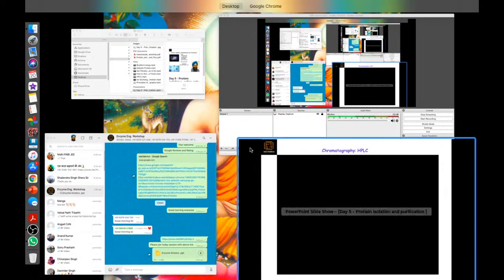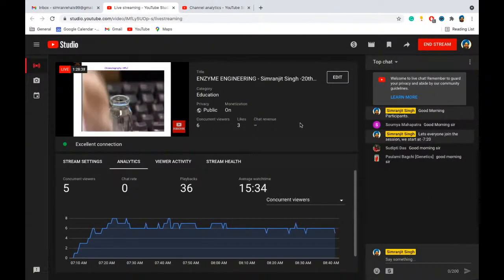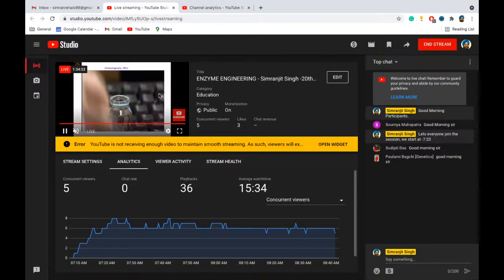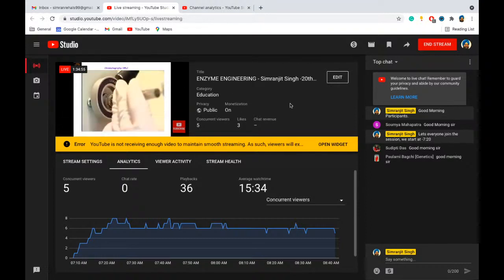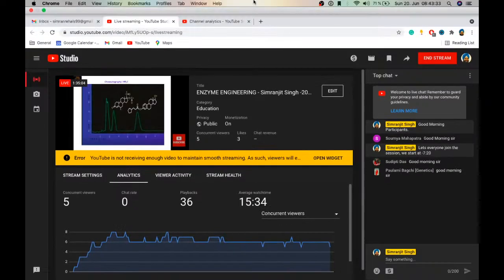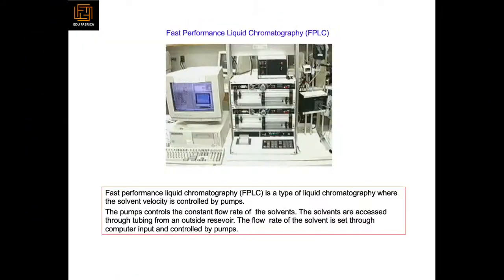Okay, so that was a little bit about HPLC. Then there is FPLC, which is fast performance liquid chromatography.